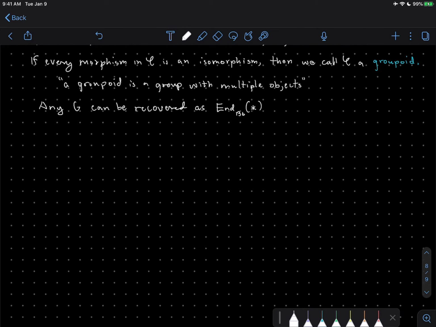so let's move on. Once we have categories, well, the whole idea of category theory is that we should shift the focus from objects to morphisms. So let's talk about what morphisms between categories should look like.